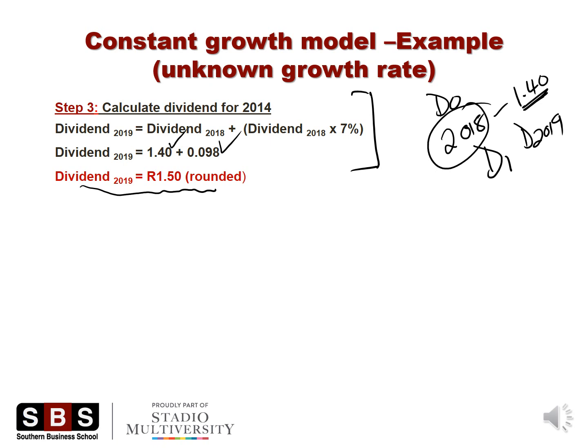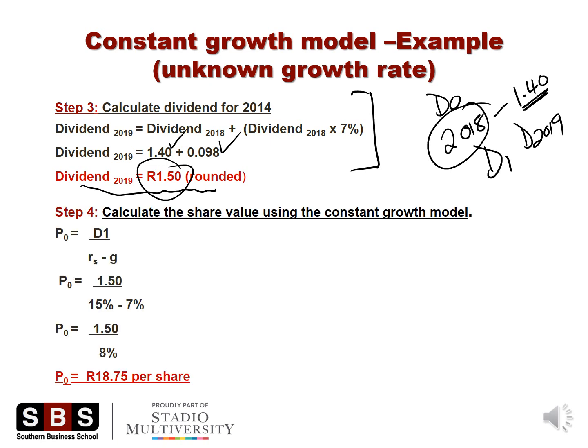And now, from here on, it's smooth sailing, because now we have the actual dividend rate, we have the growth rate, and we also have a rate of return, which in this particular instance, then we can calculate the price of the share as follows.